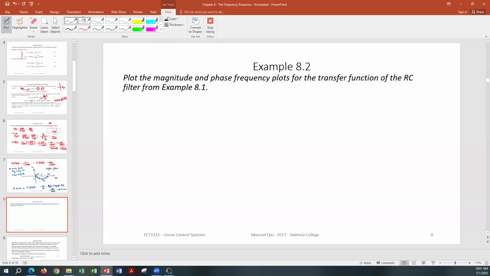That is, it is asking us to plot the magnitude of T of j omega and the phase of T of j omega versus omega or f, whatever you want to plot. So the first thing we're going to do is write down the expression for T of j omega.